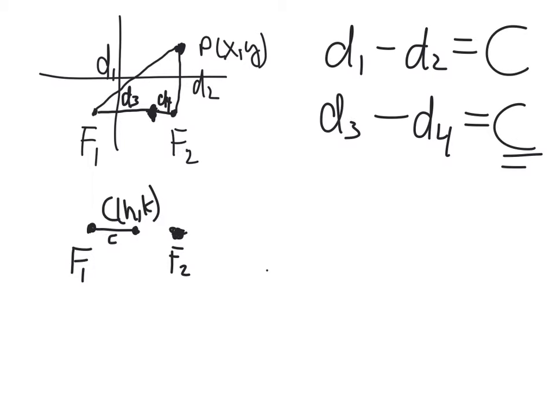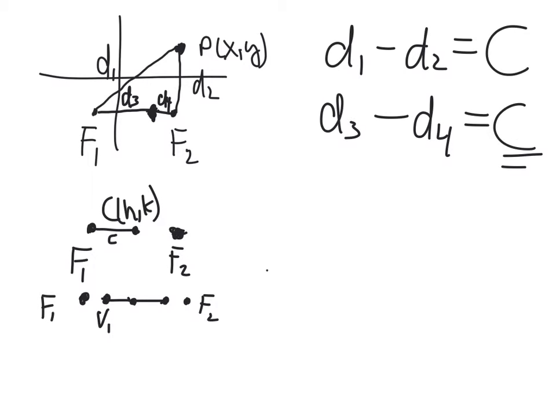The ellipse had two vertices. The hyperbola will also have two vertices. But those vertices will be inside the foci. So if we look at our major axis here, the foci will be on the outside.